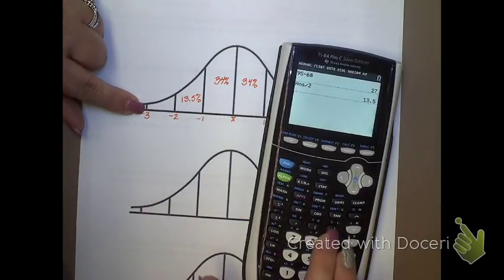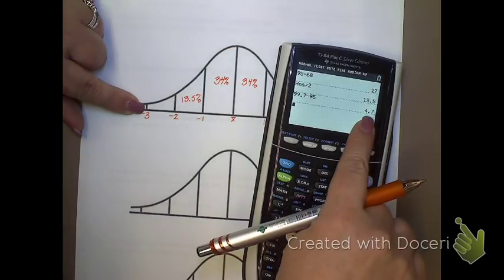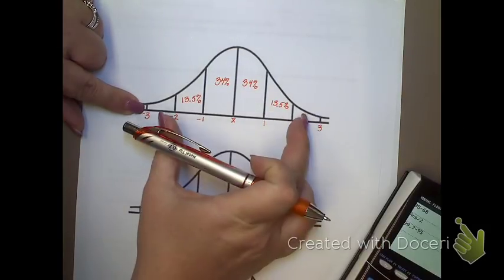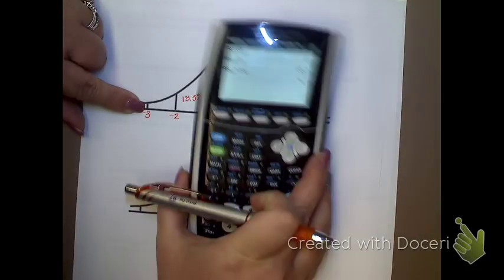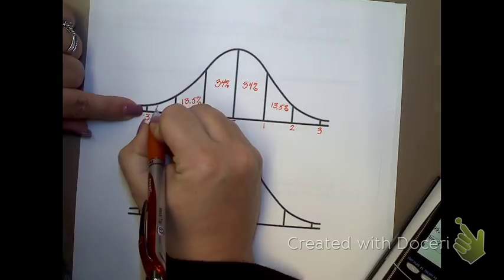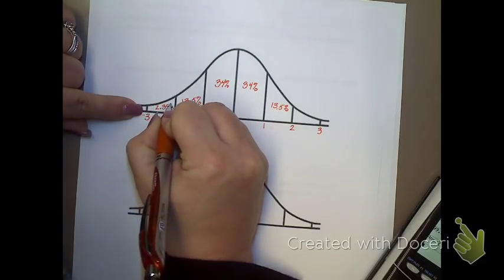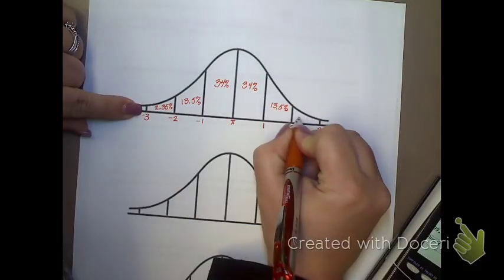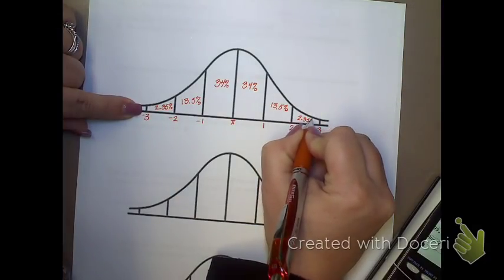So let's see, 99.7 minus 95% means I have 4.7% left for these two segments right there. So I'm going to cut it in half. That gives me 2.35%. 2.35%.